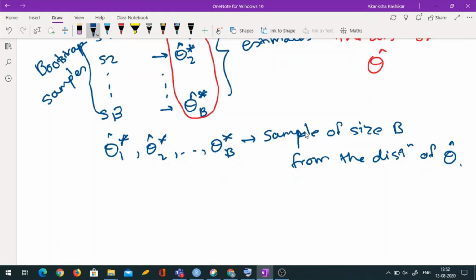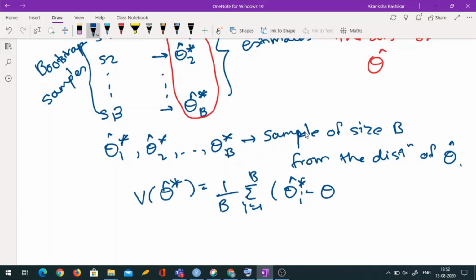So what can I do from this? I can compute the variance of these theta stars by the usual formula, 1 upon B summation i going from 1 to B, theta i hat star minus theta bar star, whole square. So I can estimate the variance by this method.